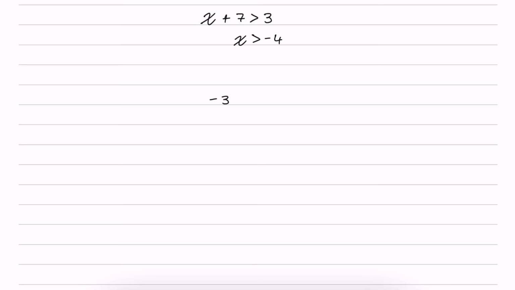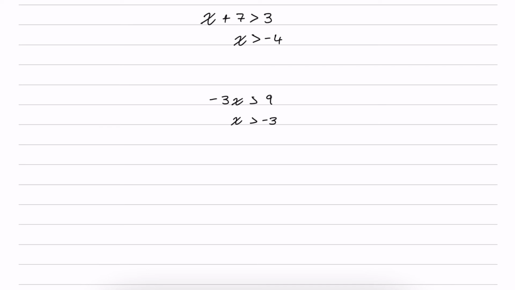In an equality, we would simply divide 9 by negative 3 to get our value of x. So if we did that, we get x is greater than negative 3 because 9 divided by negative 3 is negative 3. But this doesn't hold true for the inequality.